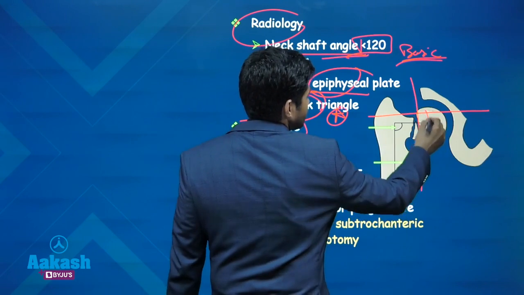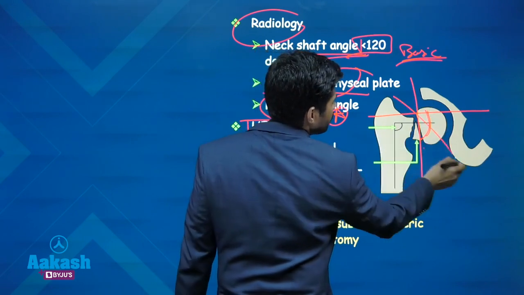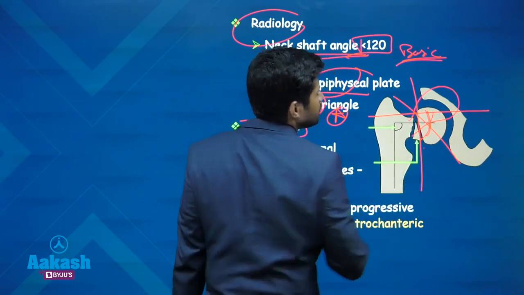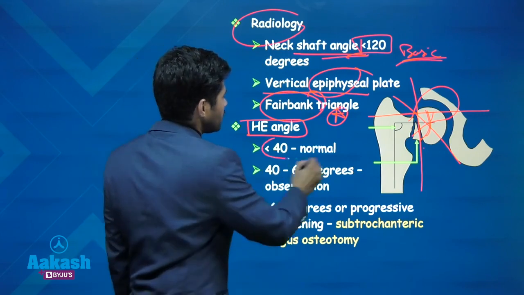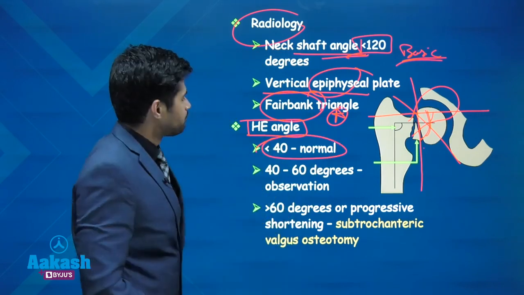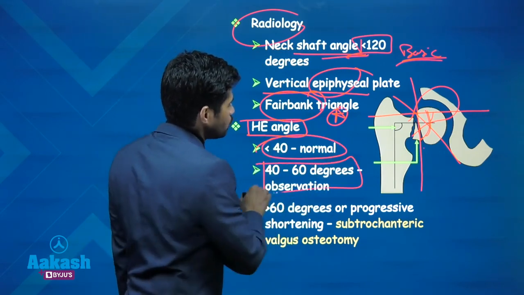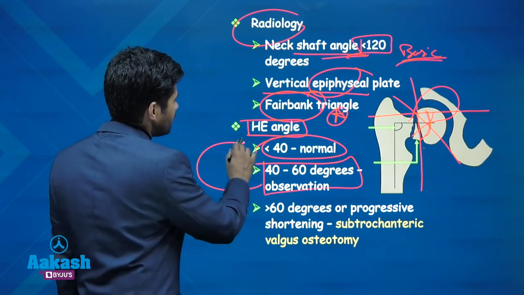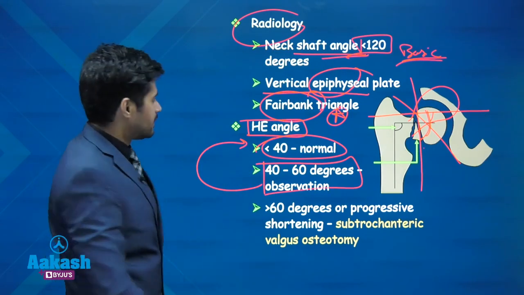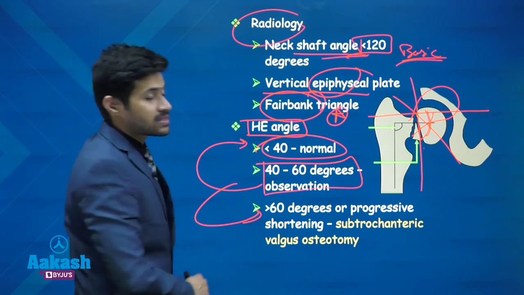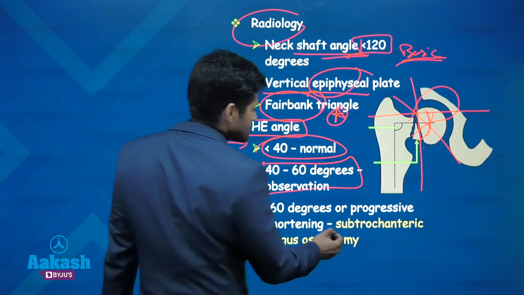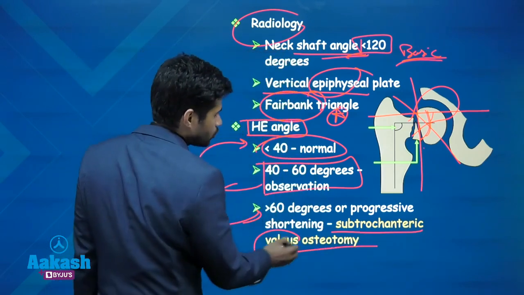If it is less than 40 degrees, that means it is somewhere here, so the head is like this. Less than 40 degrees, normal, nothing to do. 40 to 60 degrees, we go for observation. If it becomes more than 60 degrees, then we go for subtrochanteric valgus osteotomy.